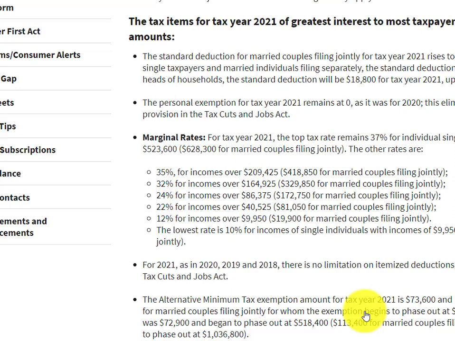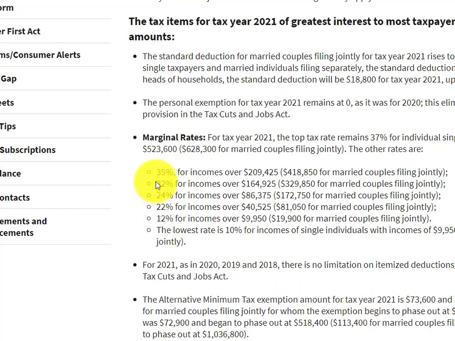So here I have gone to the IRS website, official, and where they gave us the tax rates for 2021, together, single and married couples filing jointly.